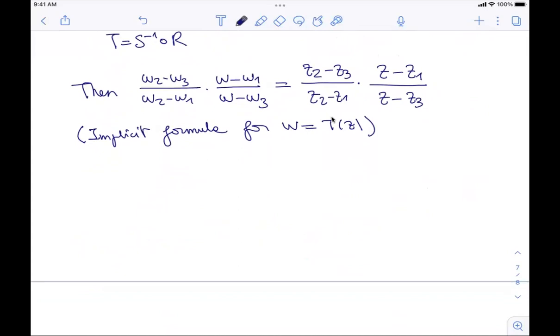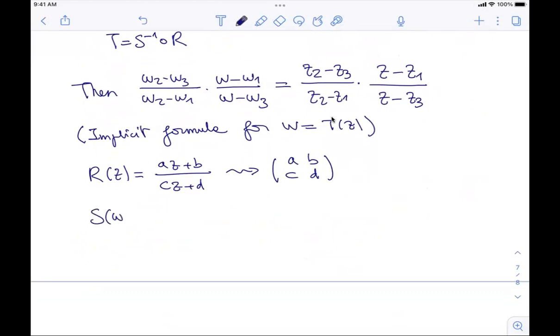To compute something more explicit, remember that T of Z is (AZ plus B) divided by (CZ plus D), right? So that's a matrix A, B, C, D. Again, R. This is S of Z is going to be (alpha Z plus beta) over (gamma Z plus delta).